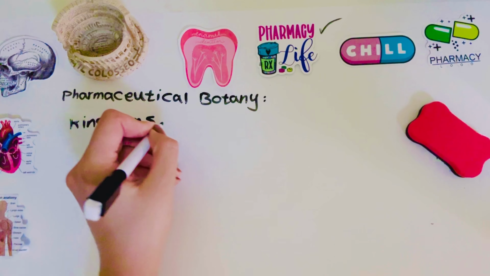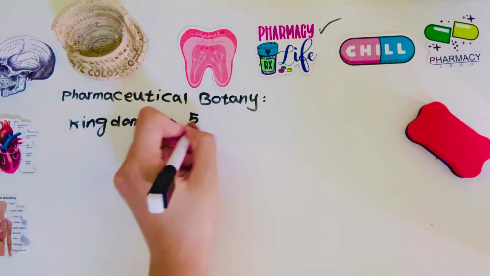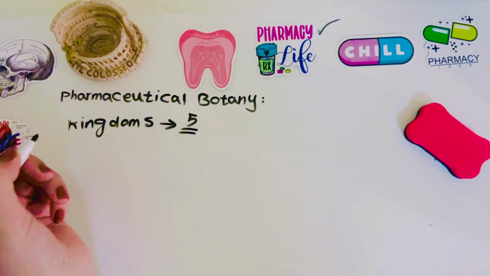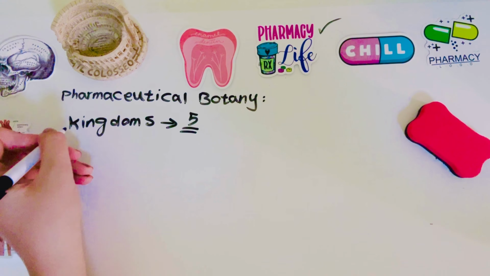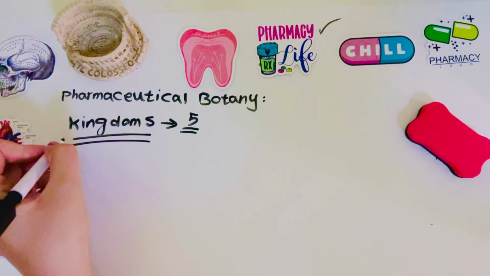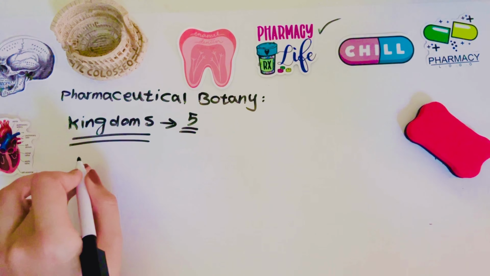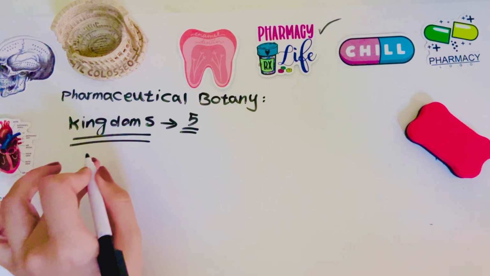As you know, we have 5 kingdoms, okay? But do you know what the meaning of kingdom is? Why do we call it kingdom? Kingdom is a kind of scientific classification of living things according to their what?